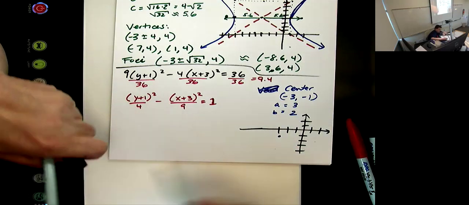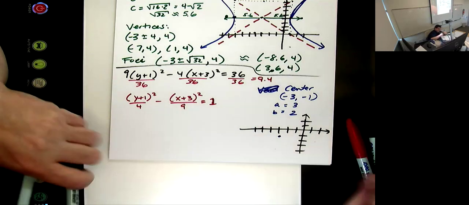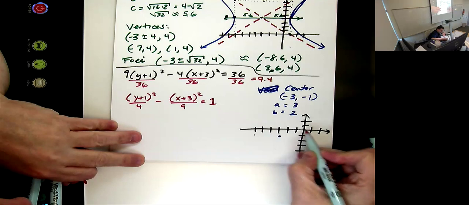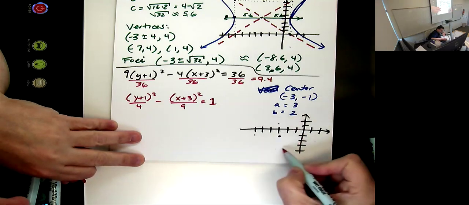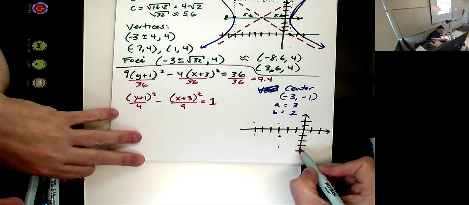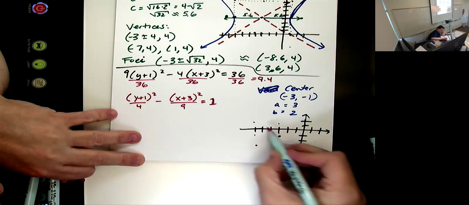We go left 3 and right 3, up and down 2.